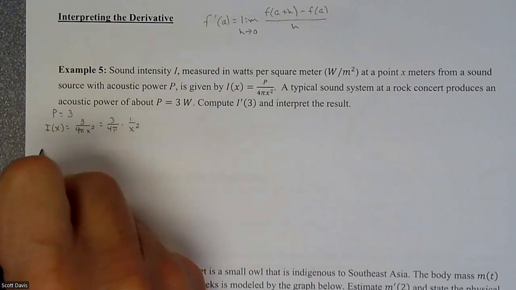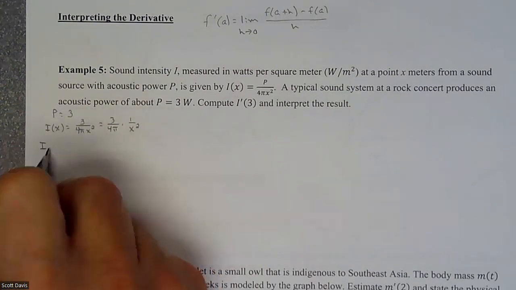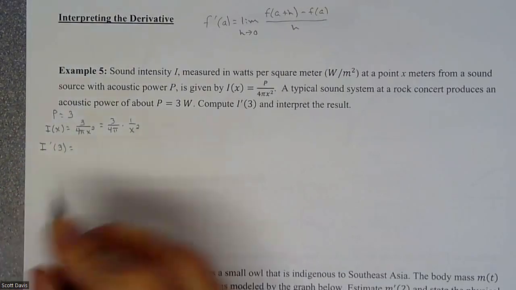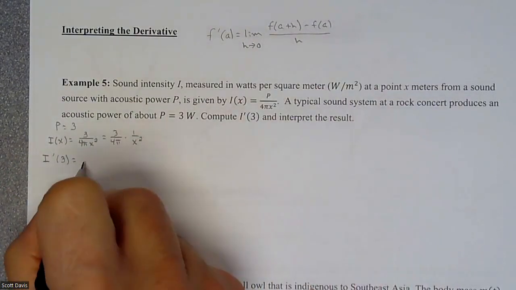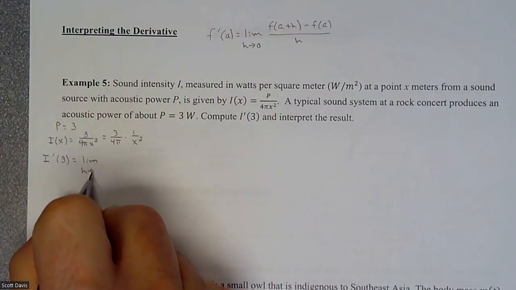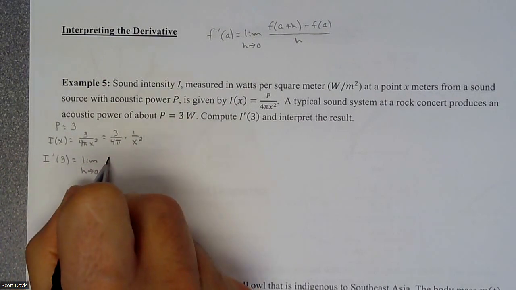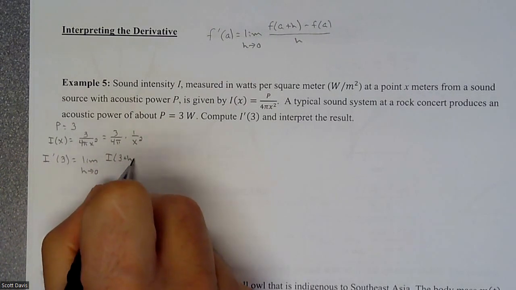So here we are, doing the intensity at 3. We're going to be applying this formula, so we're going to do the limit as h approaches 0 of I of 3 plus h.